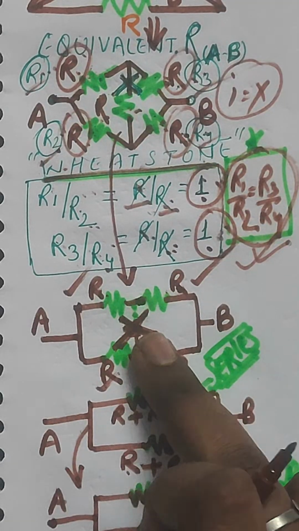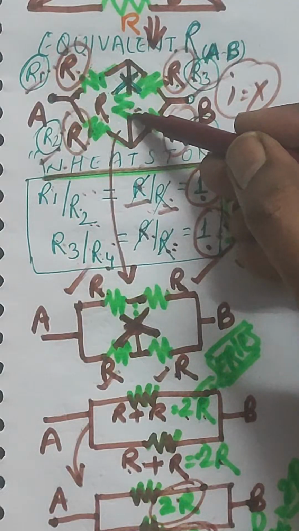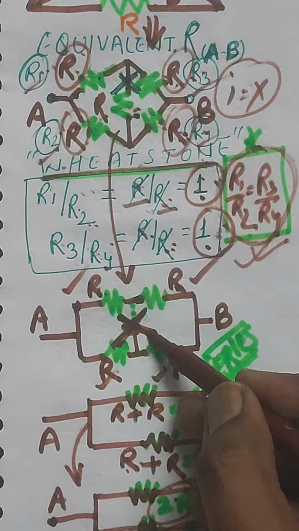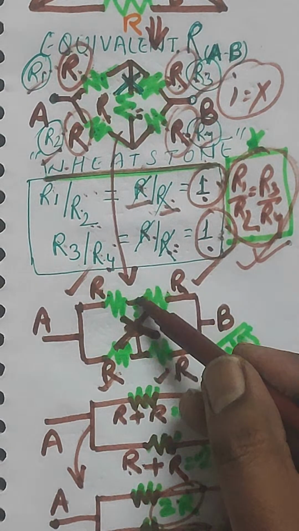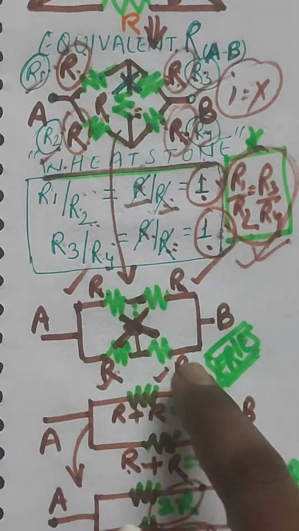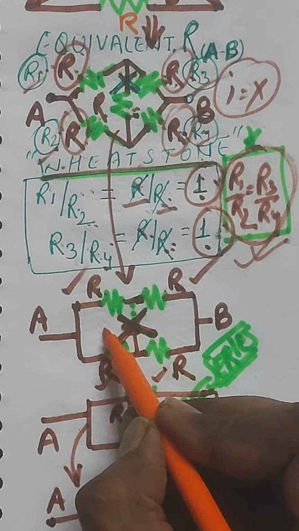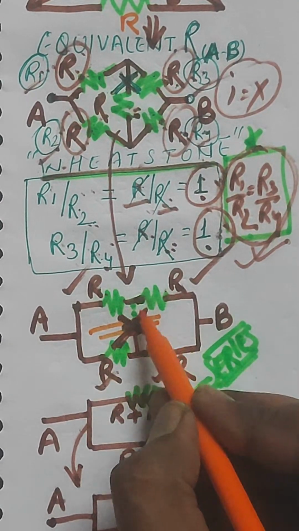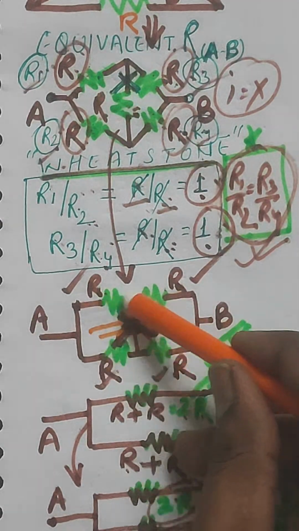Which central branch? This is the same resistance which was there in the left and here in the central. There will be no current flowing through it, so we can omit this R, right? So our circuit will be looking like this.